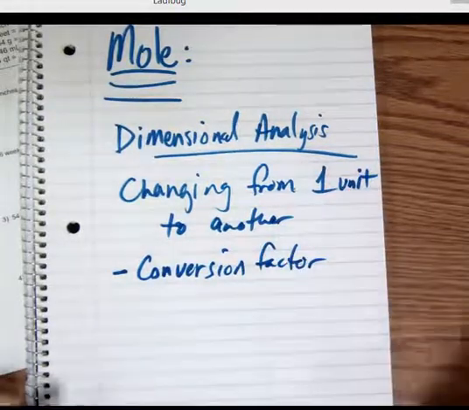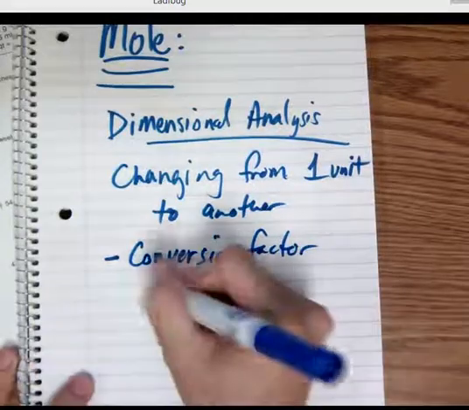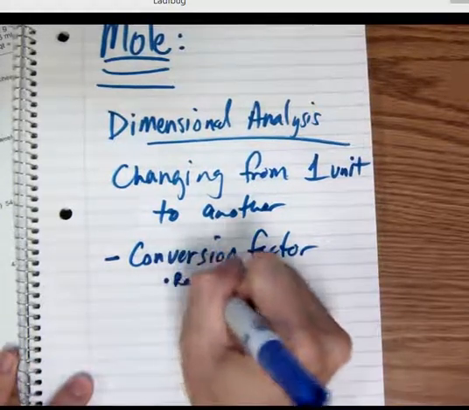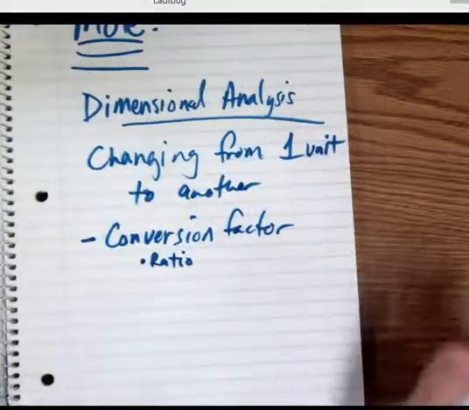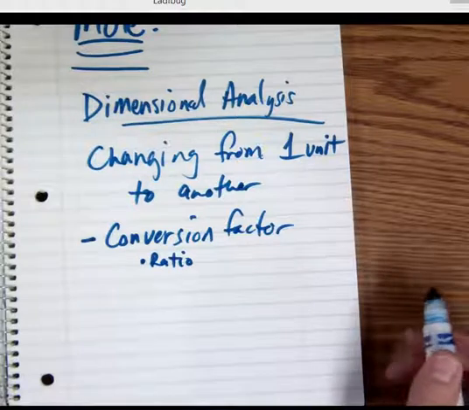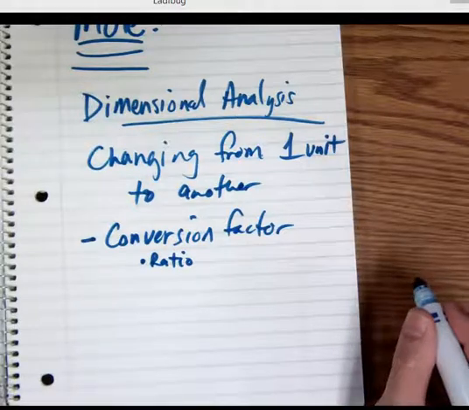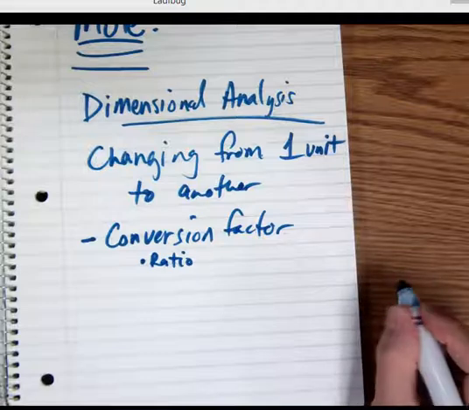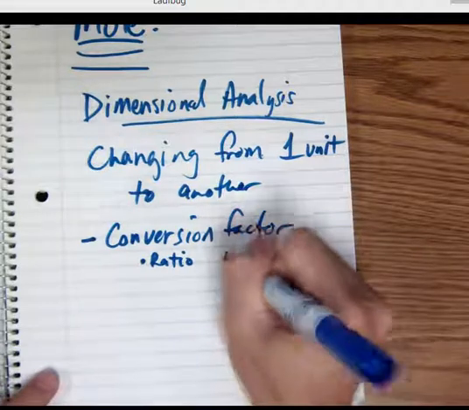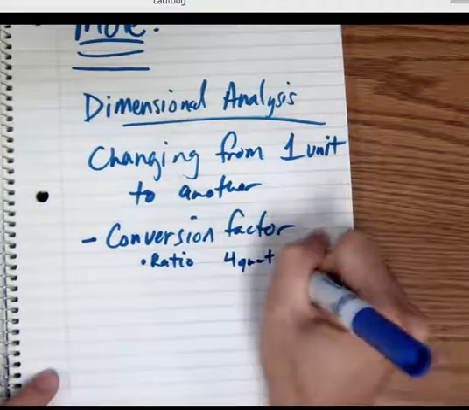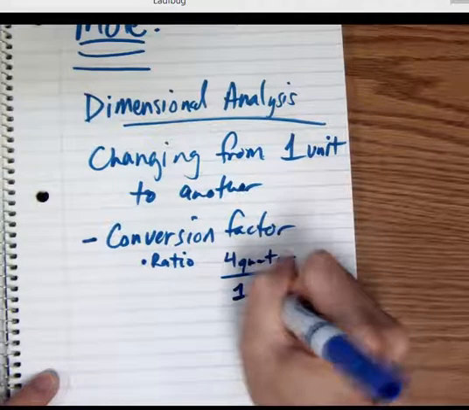A conversion factor is a ratio of two things that are of equal value but with different units. Things like 4 quarters is equal to $1, right?